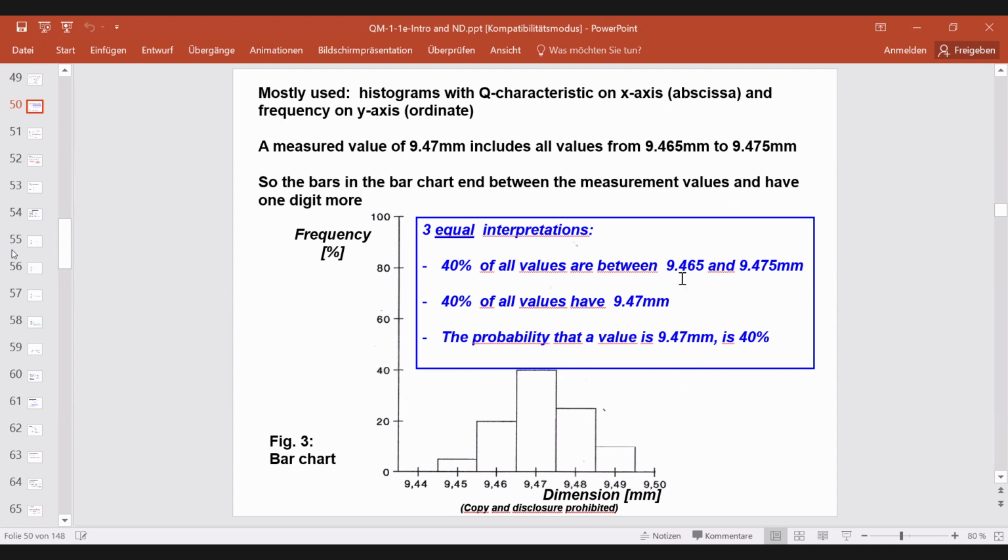All these three sentences here are true and are equal. So that is everything here is the same, and so there are three options to do the interpretation of this bar chart here.